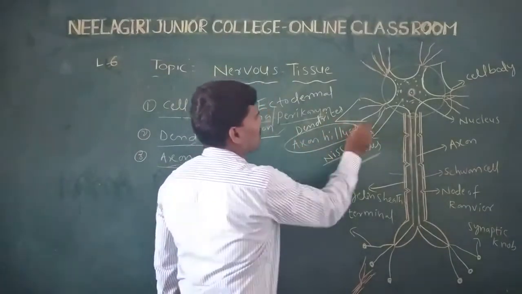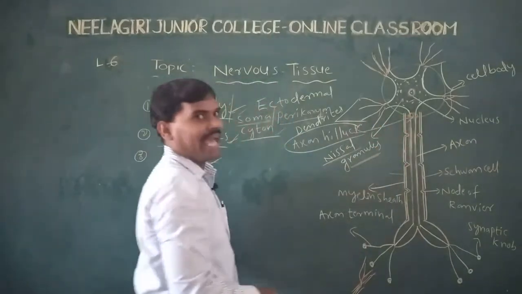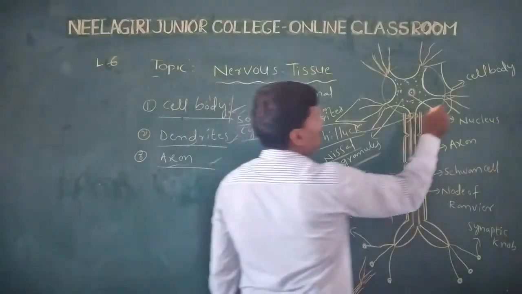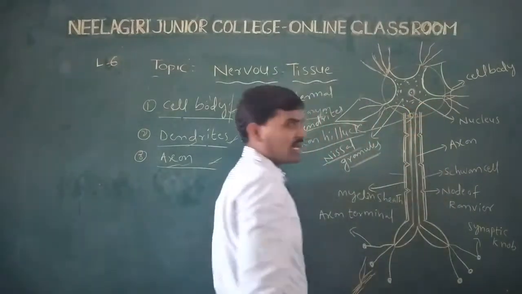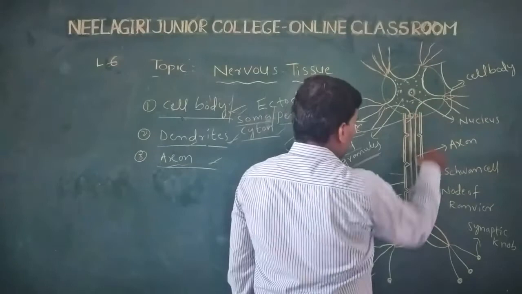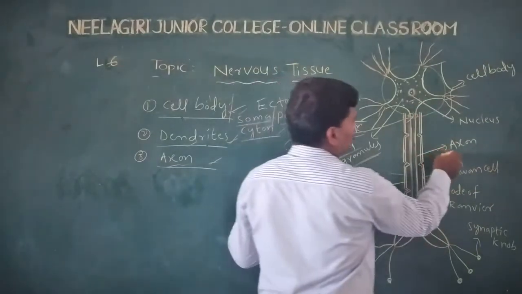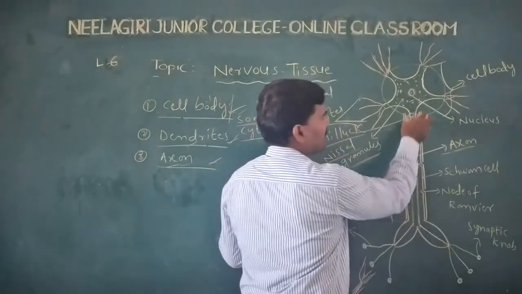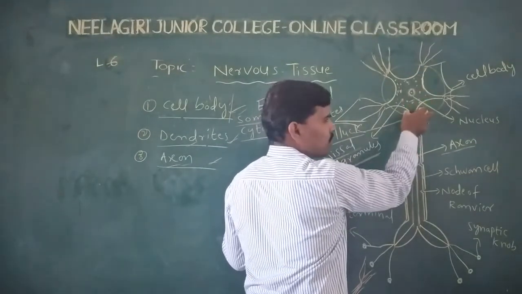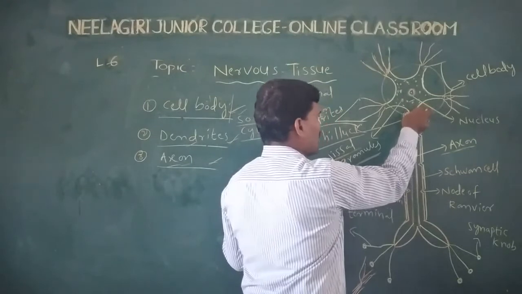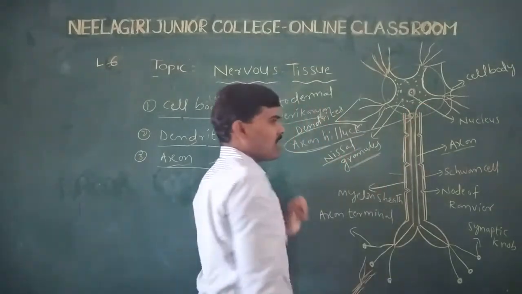The axon arises from the cell body, or soma. This is the anterior part, and this is the posterior part, where the axon hillock is.